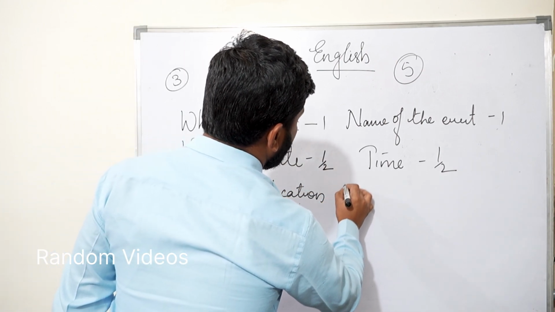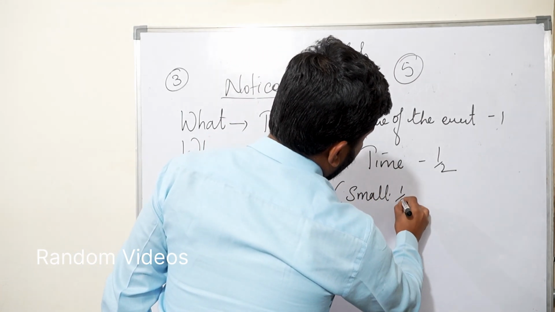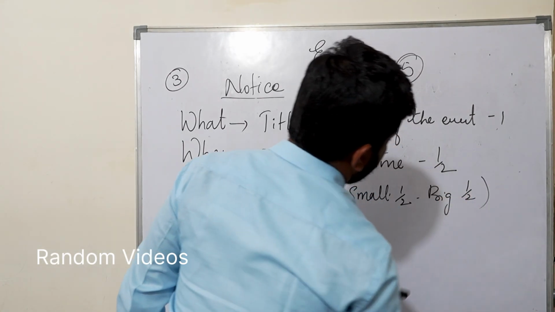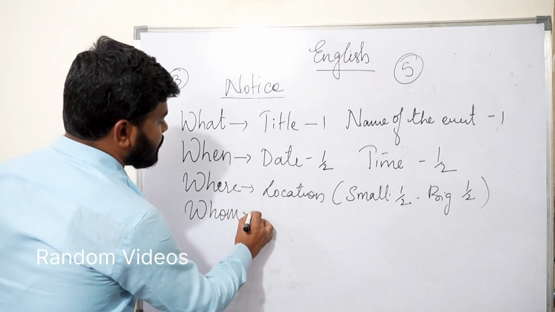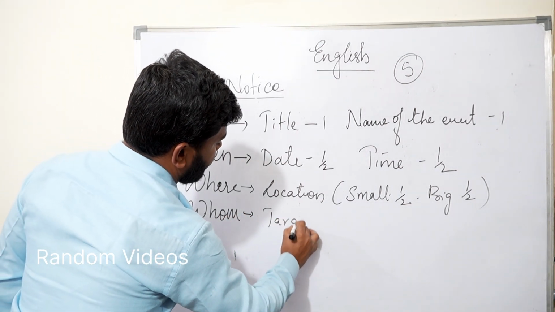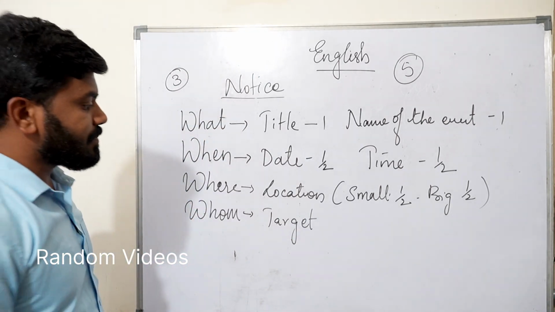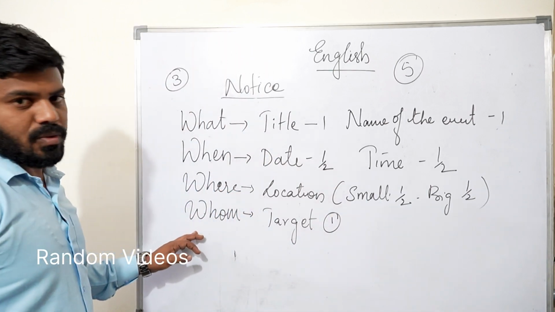There are 2 parts: smaller location, half mark, and big location, half mark. I'll tell you when we write a notice. Okay. So whom is the target, the audience. Whom are we writing this notice to?